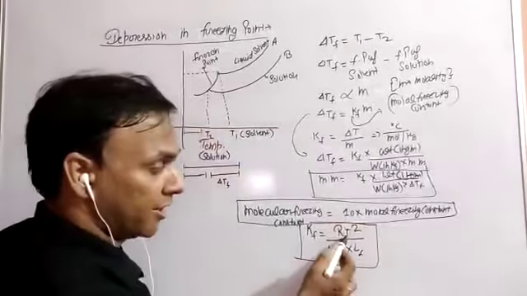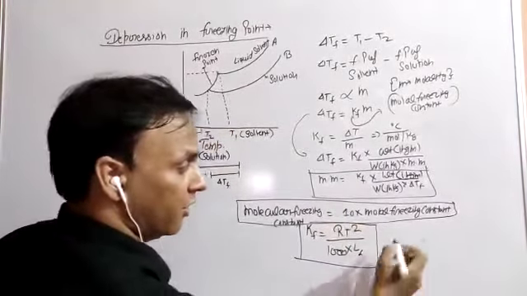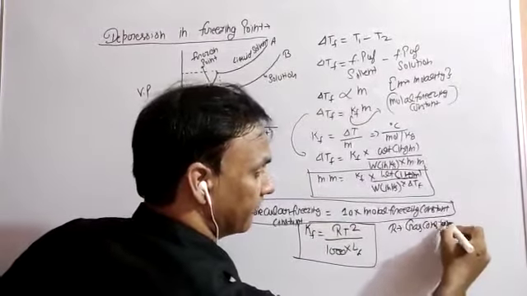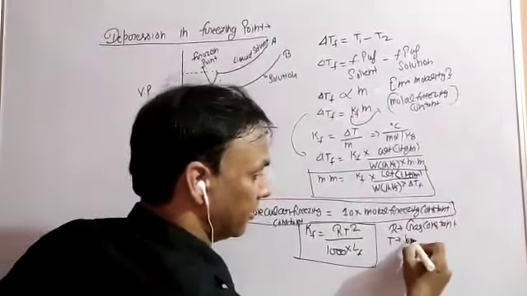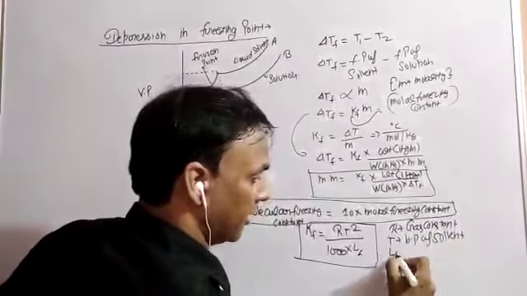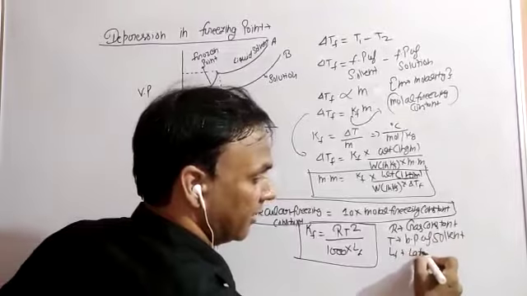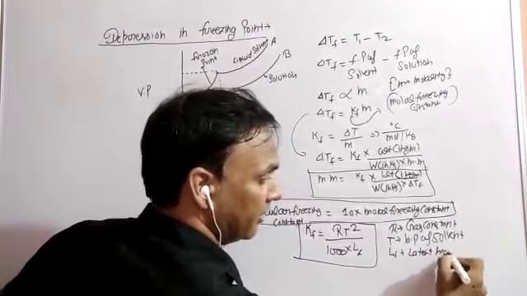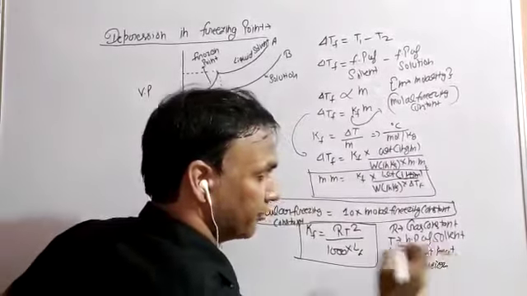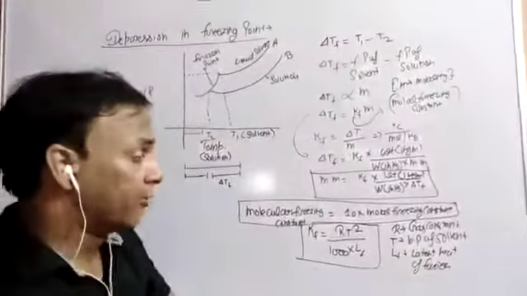Kf is equal to RT square upon 1000 into LF. Here R is the gas constant, T is the boiling point of solvent, and LF is the latent heat of fusion. Clear? This is a very important formula.